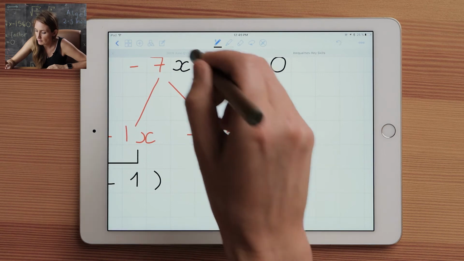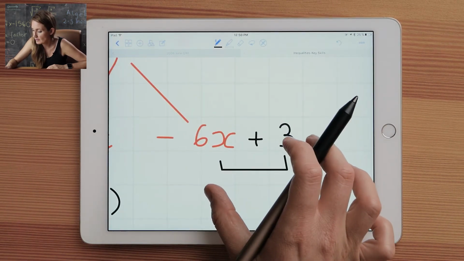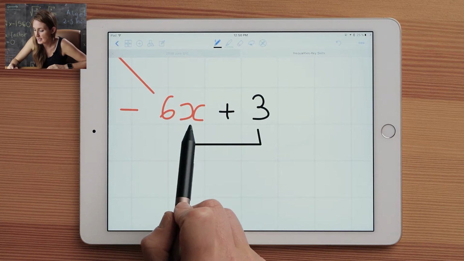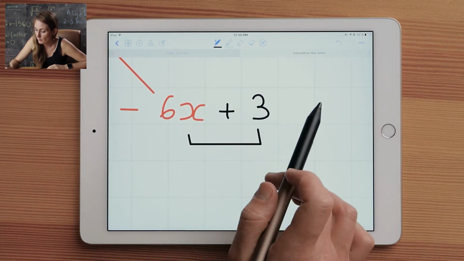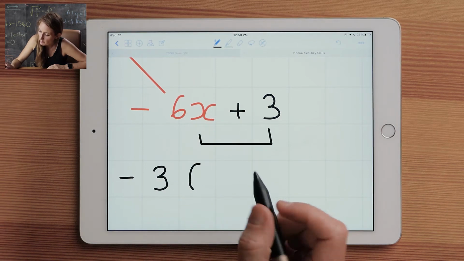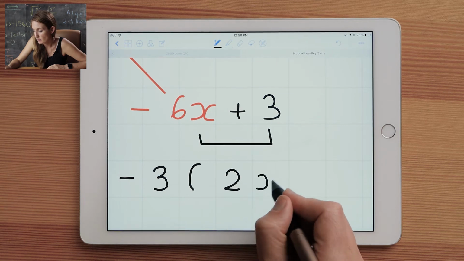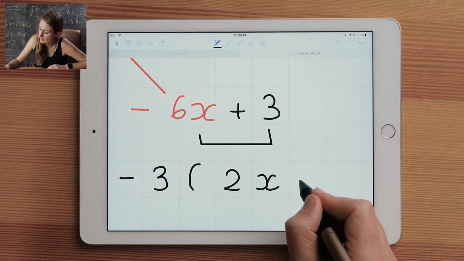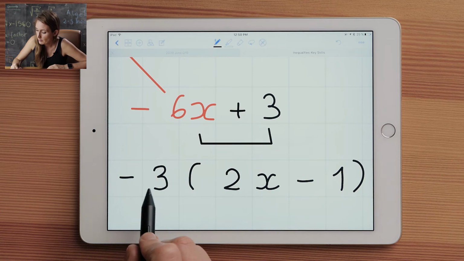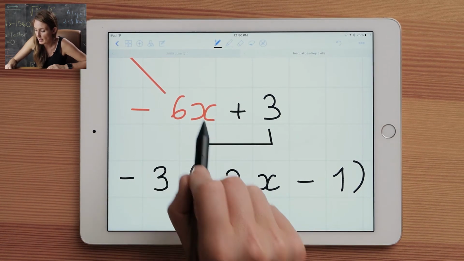We're going to do the same process here on the second two. What can we take out of minus 6x and plus 3? Well, we can take out minus 3. So if I take out minus 3 here, inside the bracket would be 2x minus 1. Because minus 3 times plus 2 will give me the minus 6, and there's my x.